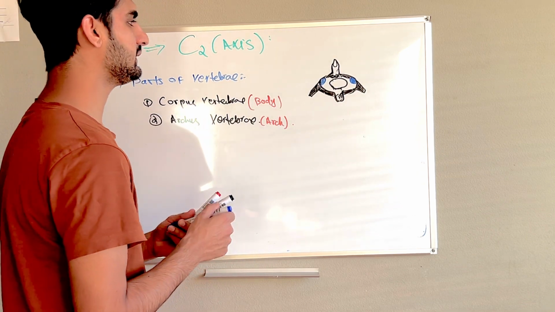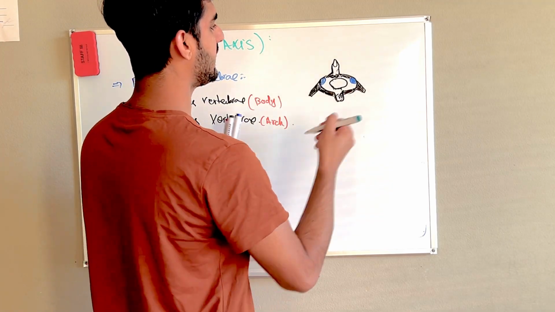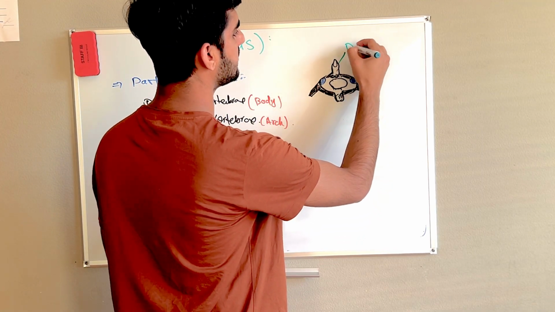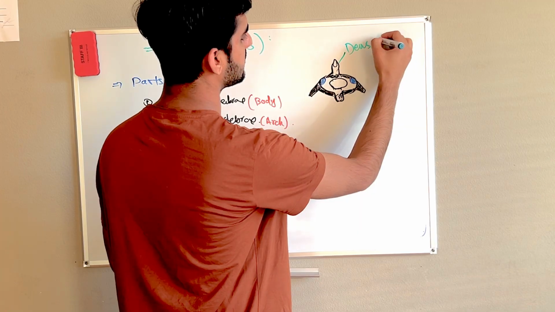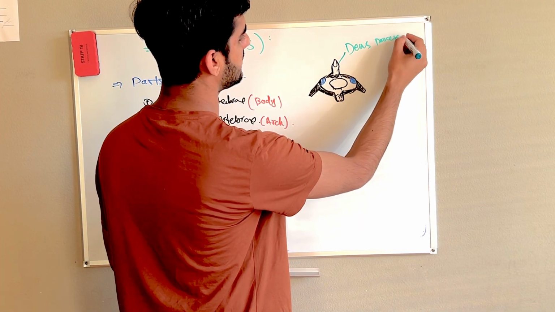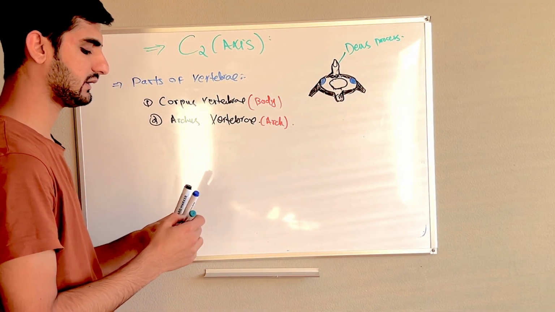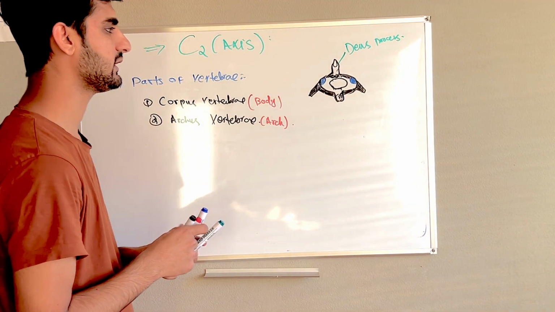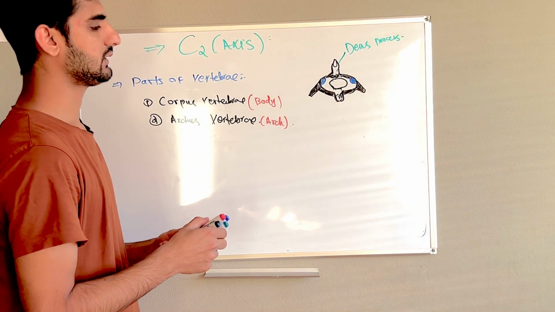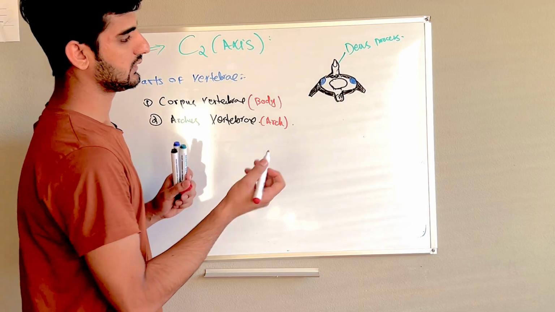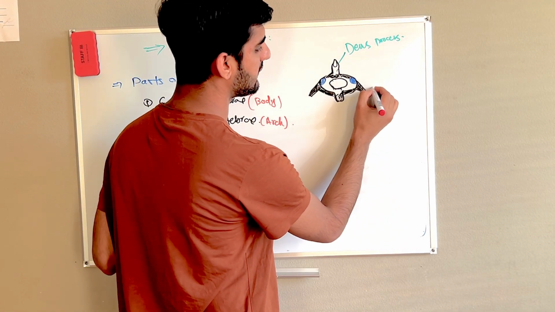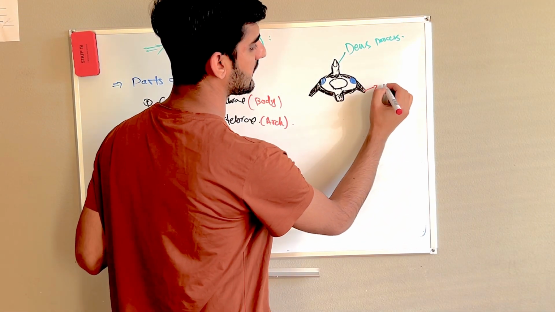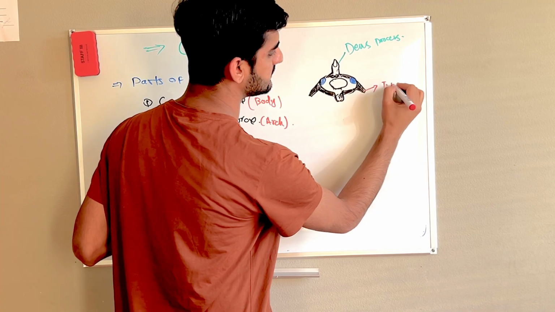What do we have there? This is the dens process, or dens process. Okay, that's the most important thing for recognizing C2 vertebra, or axis. Now, it's the same formation like in atlas. We have transverse processes.